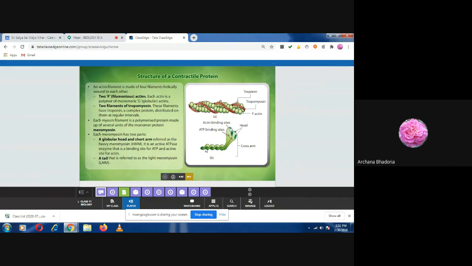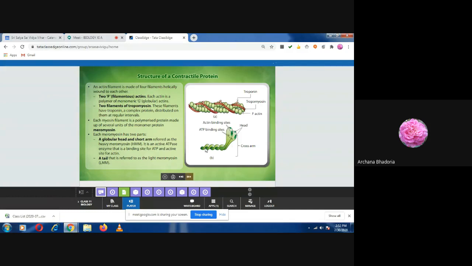So how many parts? Devansh, three parts. What are those three parts? Head, short arm, and tail. Okay, the globular head, a short arm and a tail. So the globular head and short arm part, what do we call it? HMM. What is HMM? Heavy meromyosin.